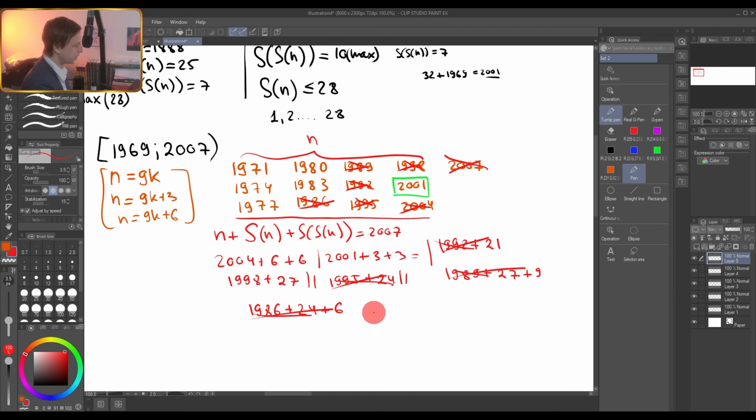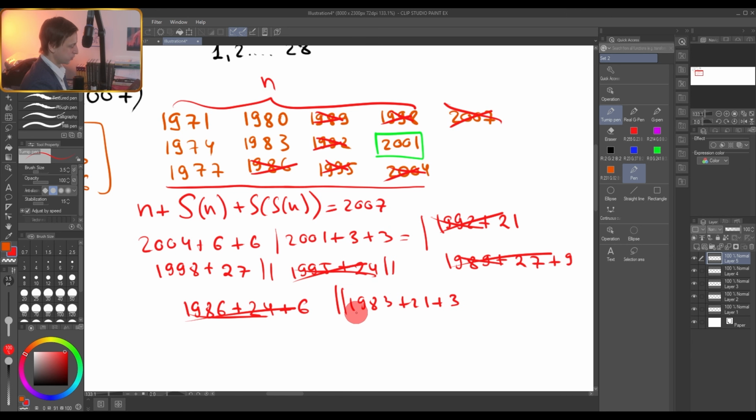So 1983, let's check with this one. For 1983 plus the sum of the digits will be 4 plus 8, 12, plus 9, 21 plus 3. Well, this one might work really, because this sum is 2004 plus 3, 2007.